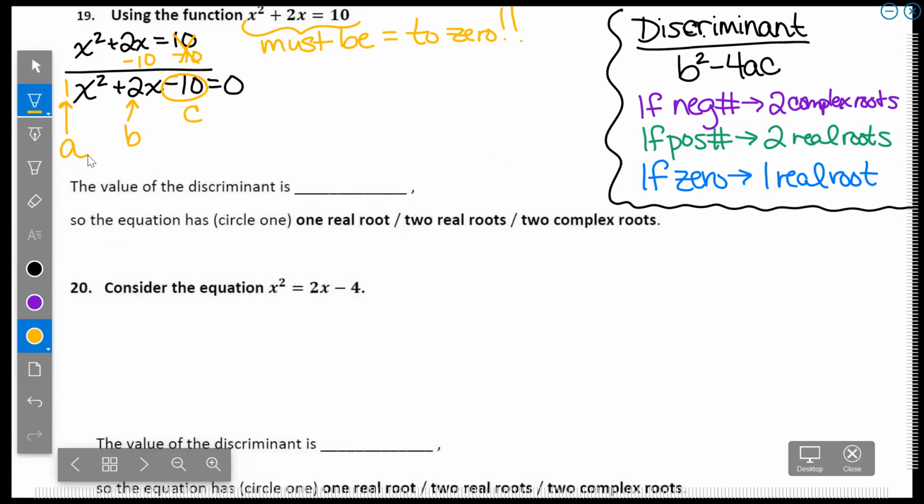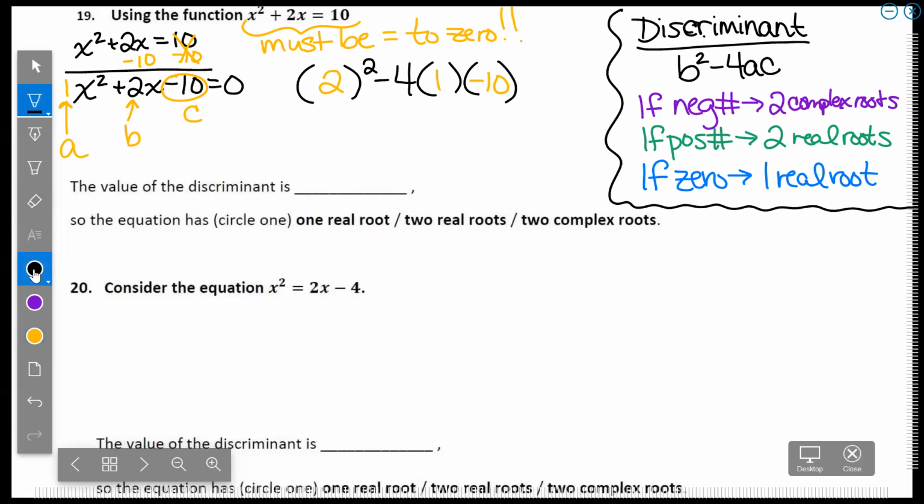So we're going to substitute into the discriminant. Remember, anytime I substitute, use parentheses. So we're doing B squared, so 2 squared minus 4 times A times C. What is A again? 1, and C is negative 10.